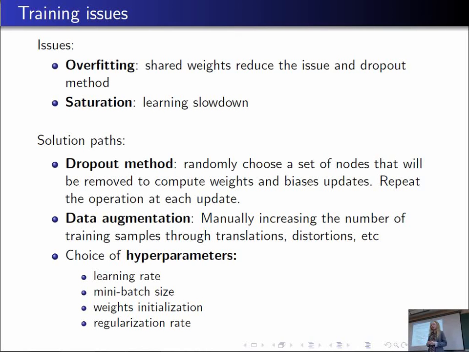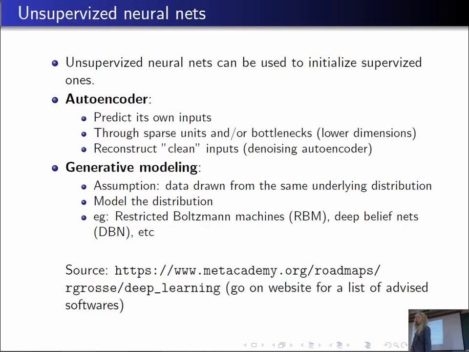In fact, maybe the most difficult thing in that kind of model is that you have a lot of hyperparameters, and you have to try them and see in which situation you should focus on one. And okay, just a small introduction to unsupervised neural nets.